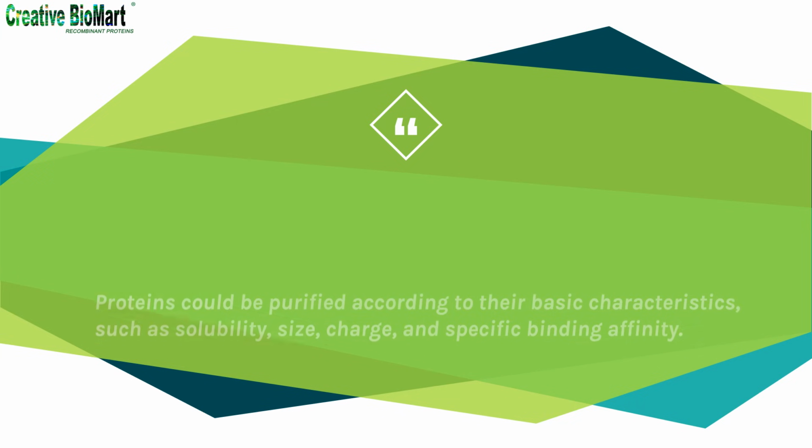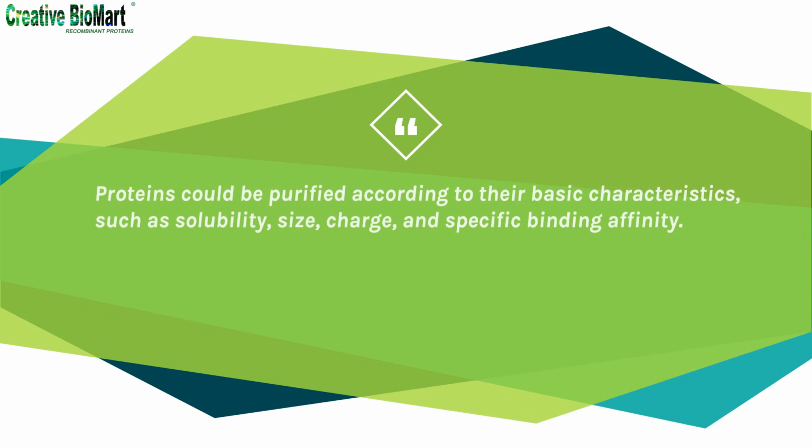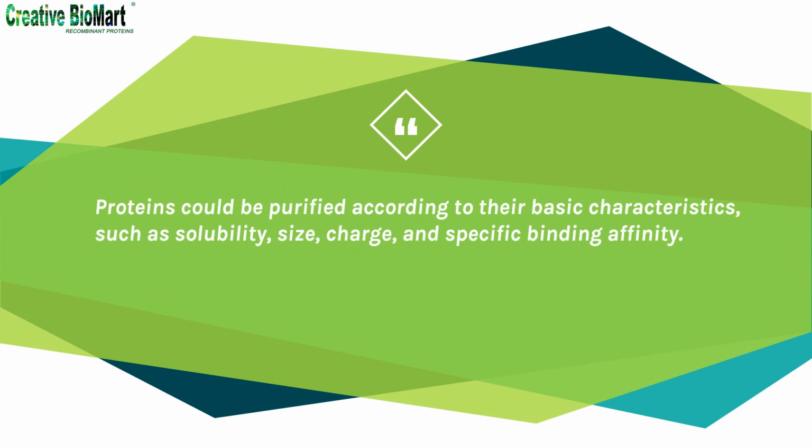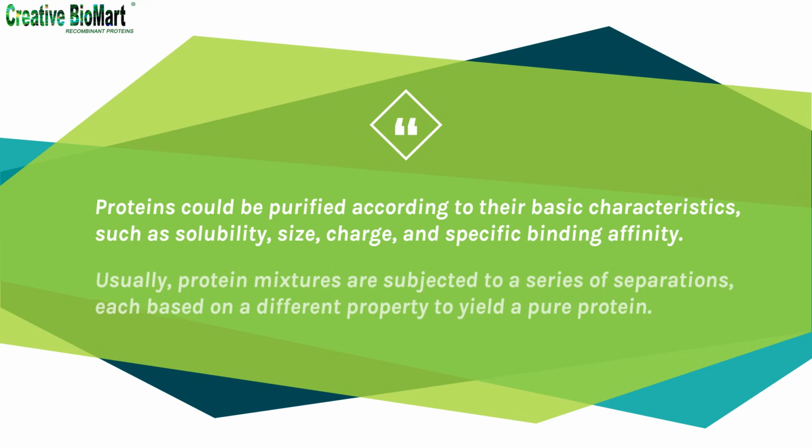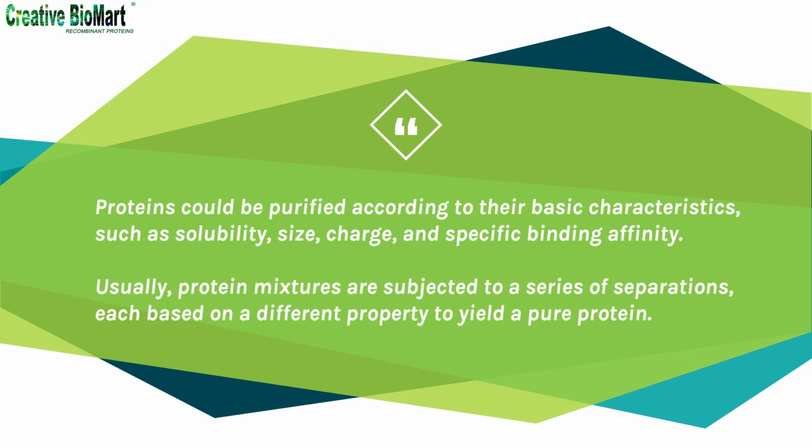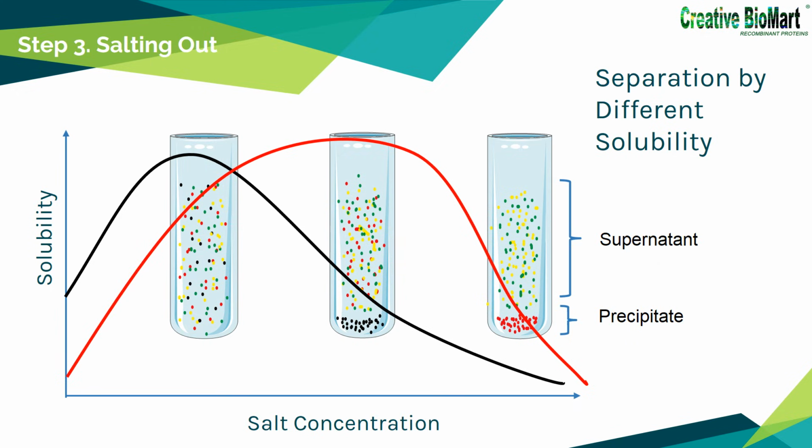Proteins could be purified according to their basic characteristics, such as solubility, size, charge, and specific binding affinity. Usually, protein mixtures are subjected to a series of separations, each based on a different property, to yield a pure protein. Most proteins are less soluble at high salt concentrations, an effect called salting out.